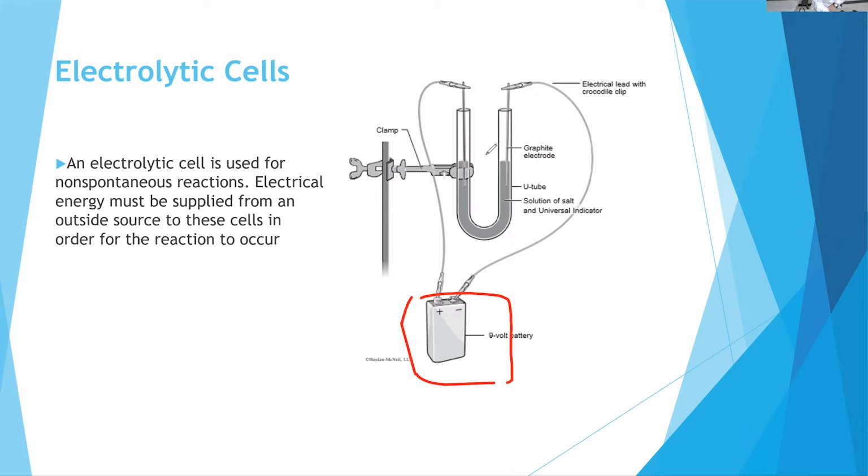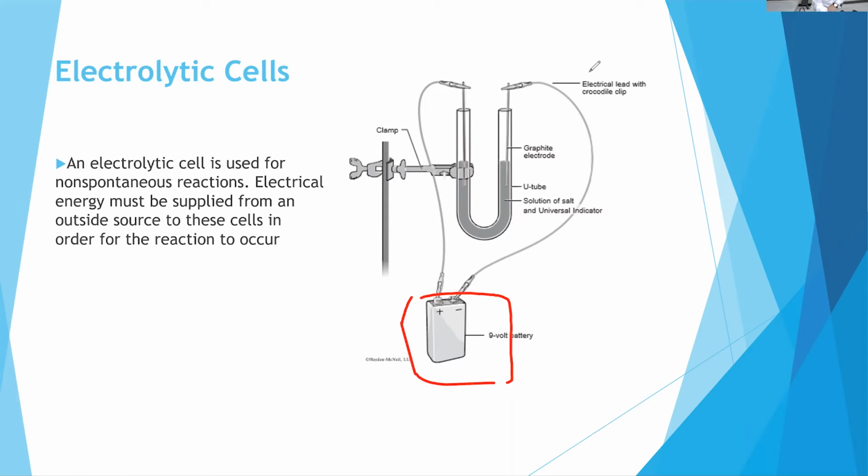So what is happening here? Let's say I do the electrolysis of sodium chloride solution. I put the sodium chloride in this U-shaped glass tube, and then I attach one of the electrodes to the negative, the other electrode to the positive, and I follow this positive and negative to see what happened, which one has been reduced.